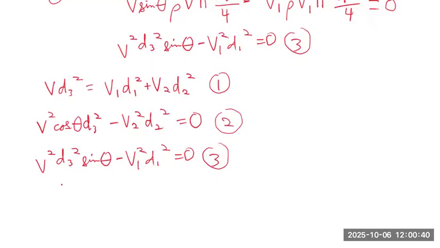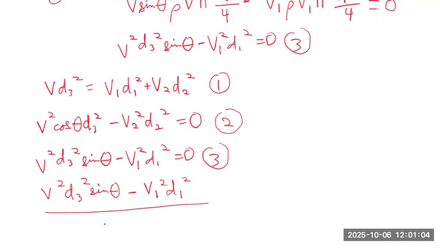Dividing equation 3 by equation 2, we have V2 D3 squared sine theta minus V1 squared D1 squared over V2 cosine theta D3 squared minus V2 squared times D2 squared.